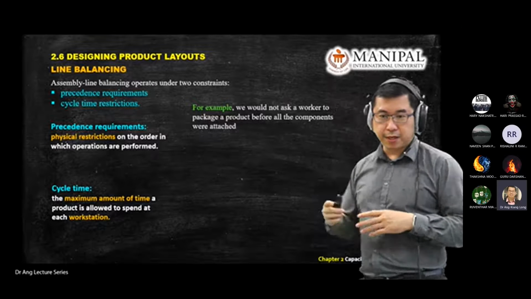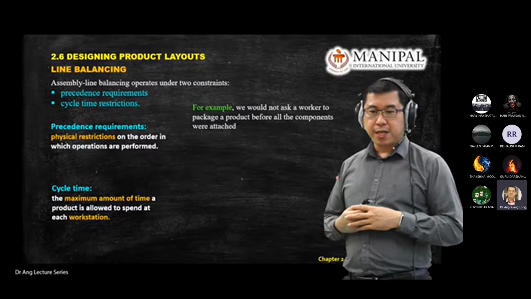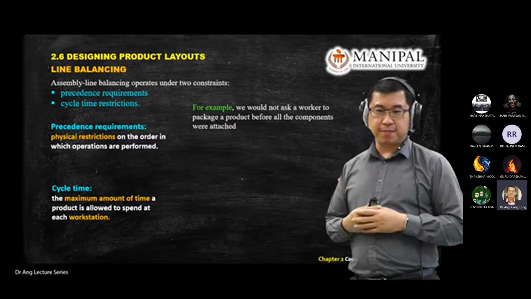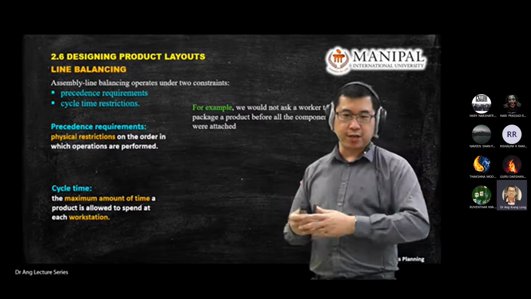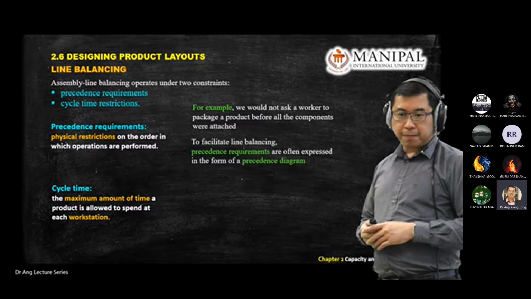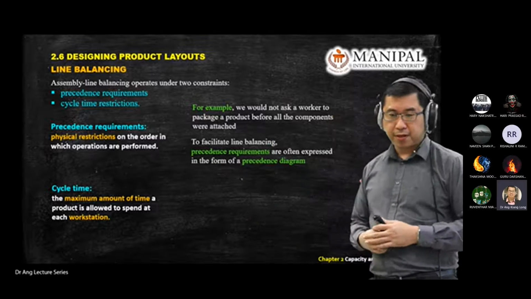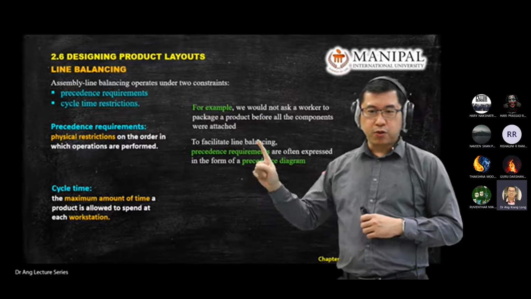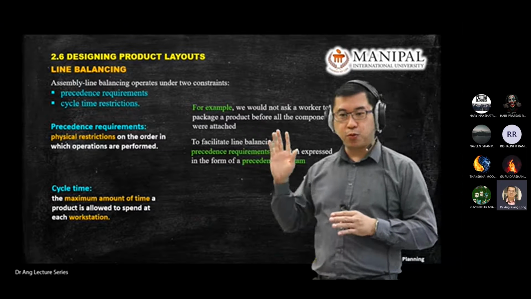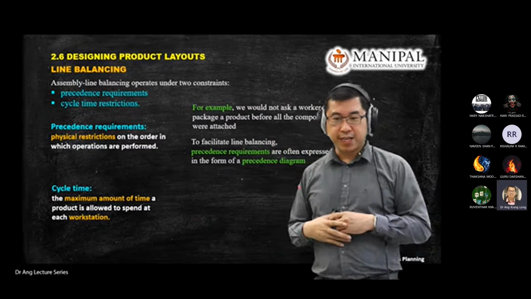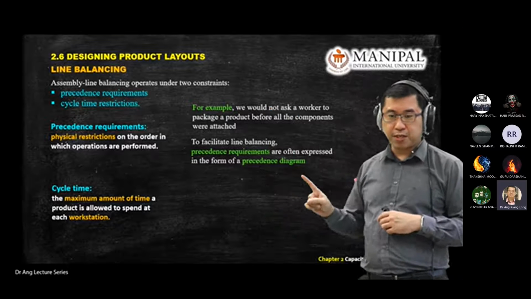I'll give you an example. This is the one I illustrated just now. In the burger process, you don't wrap the burger first. You cook first, then you wrap, then you send to the customer. Later on, you will see a diagram called a precedence diagram, where we put all the requirements. This is a little different from the previous example, where you saw the load diagram. Today you will see the precedence diagram.